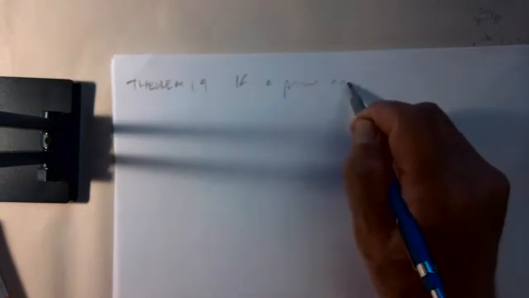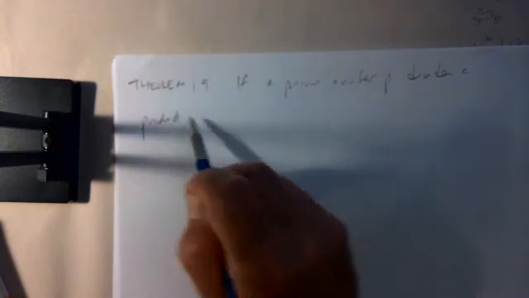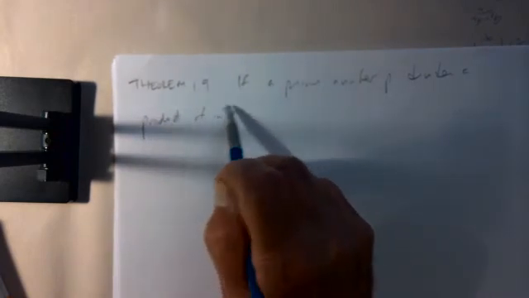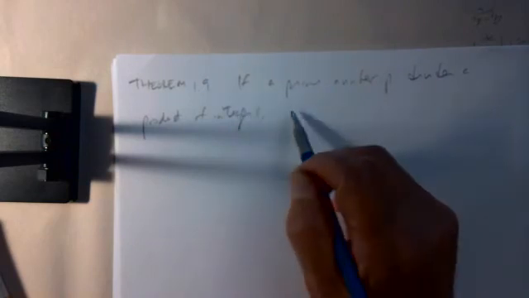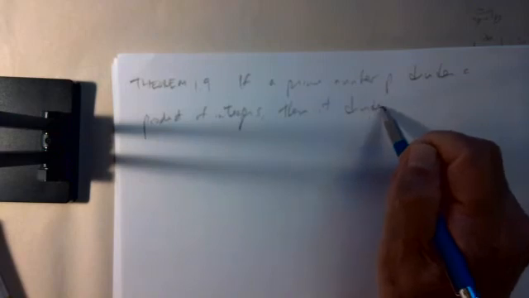If a prime number P divides a product of integers, then it divides one of the factors.